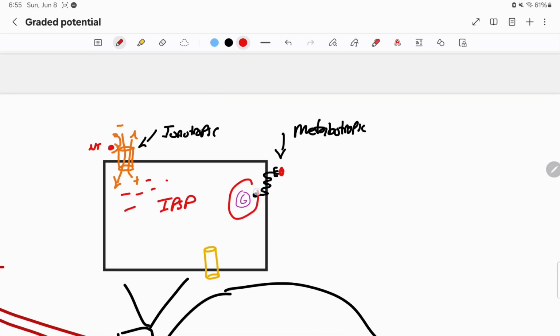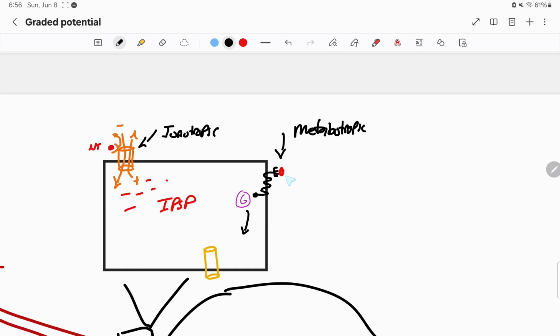on the intracellular side, is bound to something called a G protein. We'll talk more about these in our endocrinology playlist, but what the G protein does is separate from this metabotropic receptor as soon as the ligand binds to it.